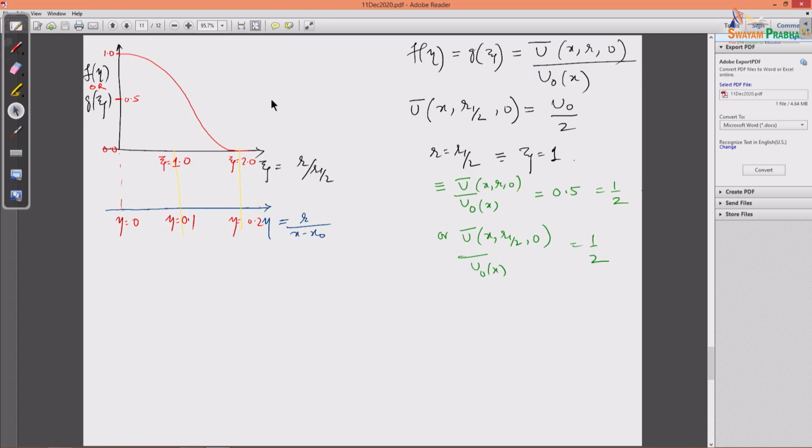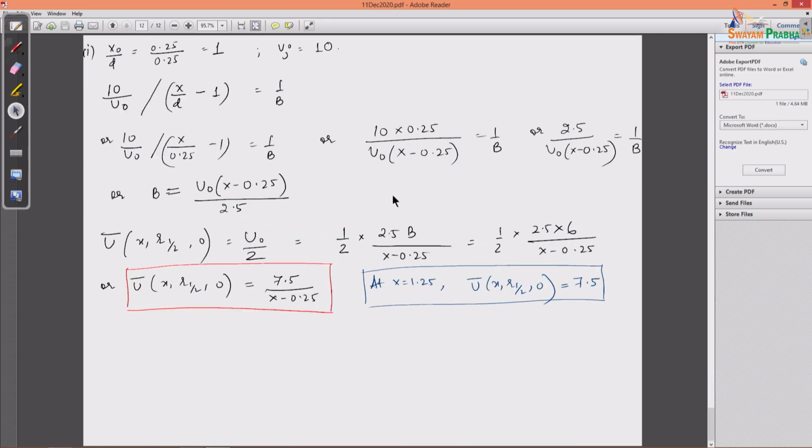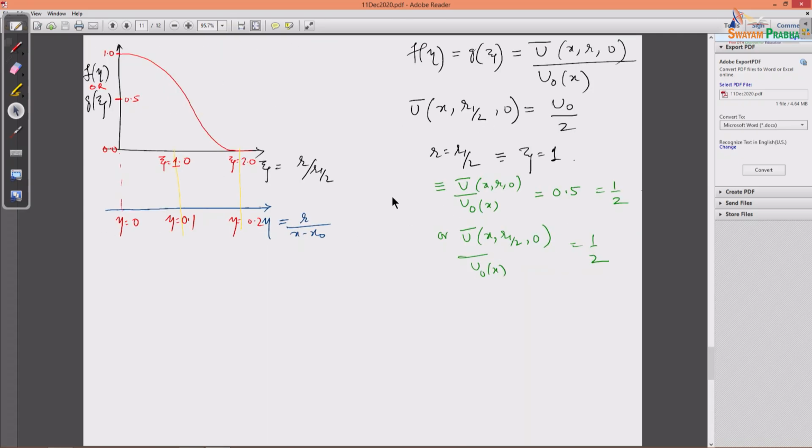We looked at this plot in terms of zeta and eta and functions of those, and we came upon these. Finally we said that the mean velocity at R half, as a fraction of U naught, is equal to half.